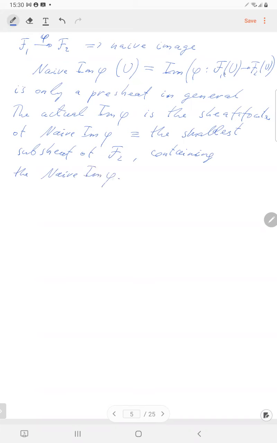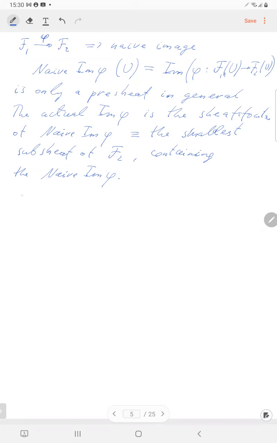Okay, and now I think we have defined this abelian category structure.